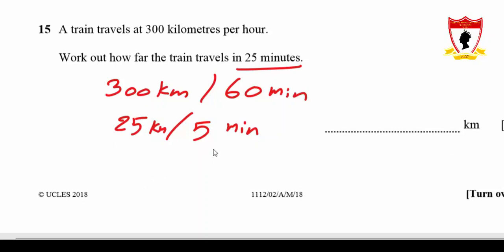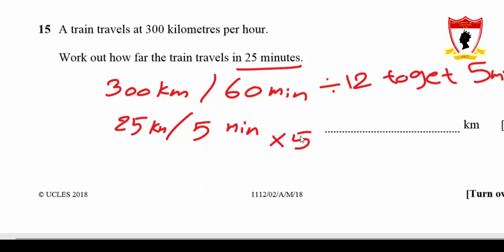Now, how can we change this 5 minutes to 25 minutes? In this step, we divided everything by 12 to get 5 minutes. But in this step, we're going to multiply everything by 5. Why? Because we need to get 25 minutes as the question wants. But it's not easy to get 25 right from 60. That's why we did this step.